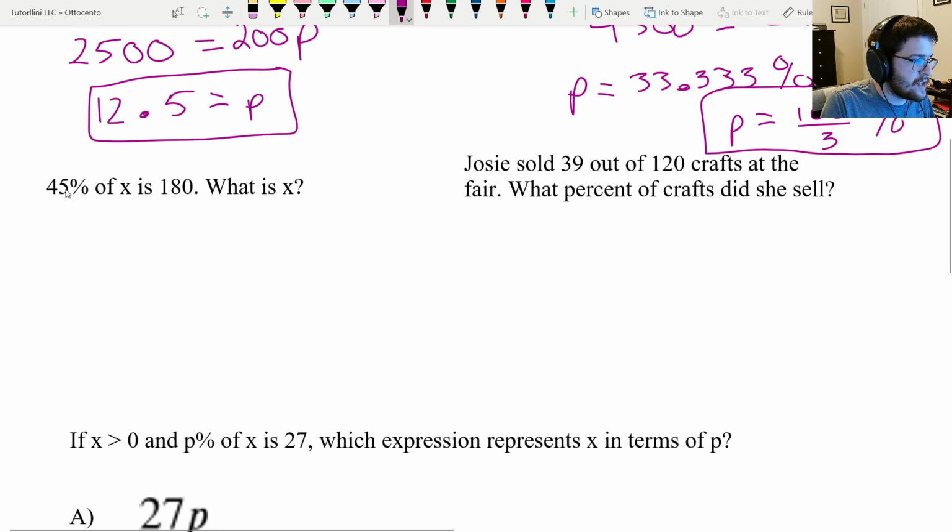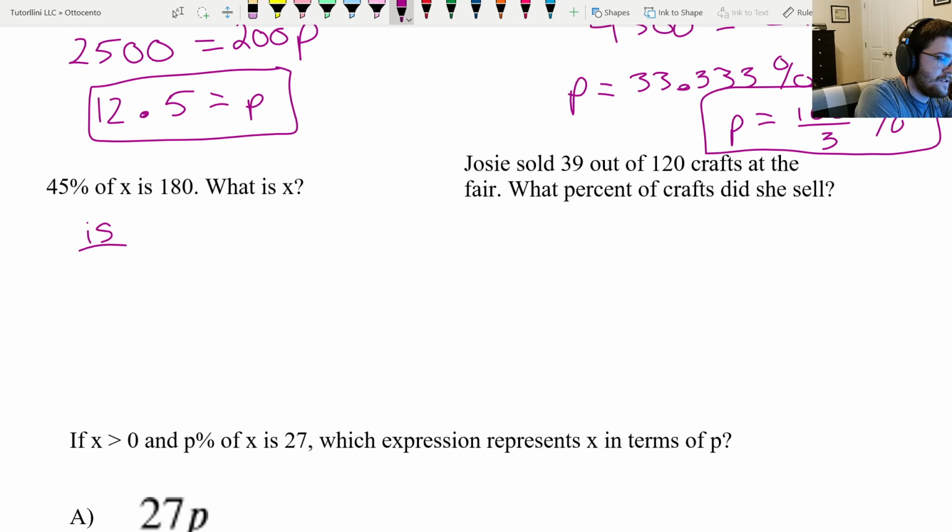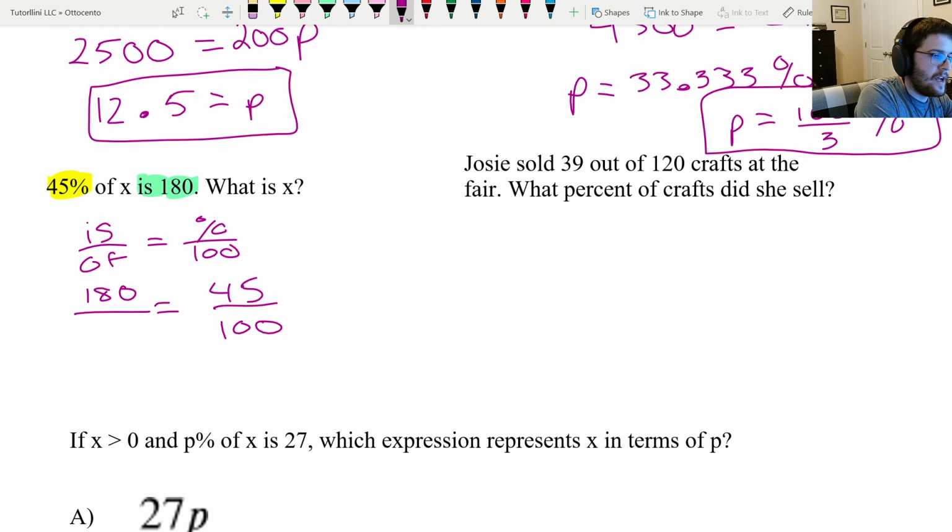Okay, let's look at this one over here. 45% of x is 180. Same deal. I'm going to do is over of equals percent over 100. First thing I'm going to do is the percent. So the percent is glued to 45. Is is next to 180, and of is next to x.